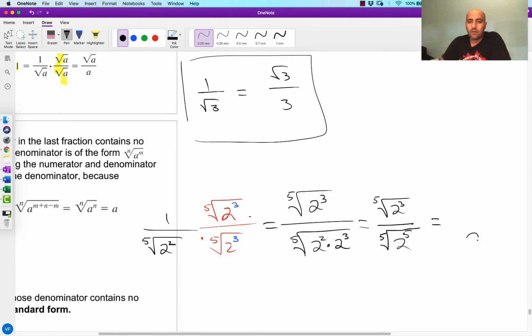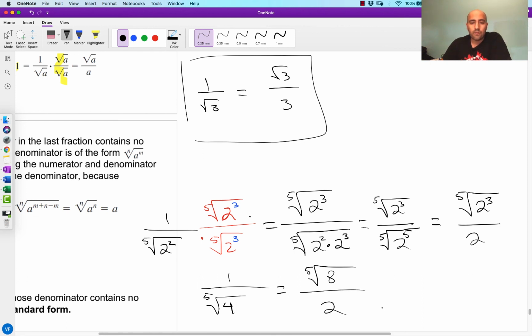So I'll end up with the 5th root of 2 to the 3rd in the numerator. Good. So we say that 1 over the 5th root of 2 squared, which is a 4, is really equal to the 5th root of 2 to the 3rd, which is really an 8, all over 2.